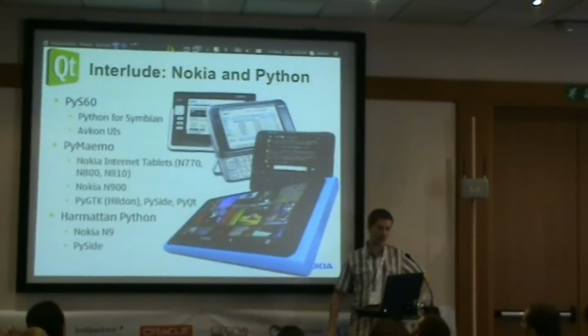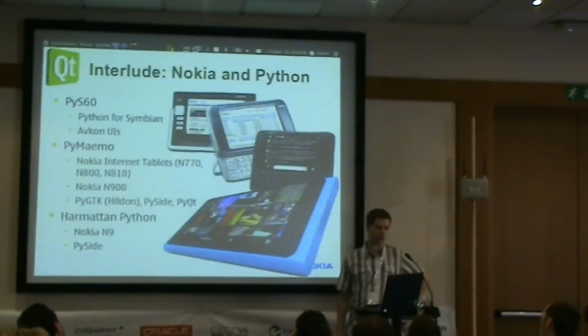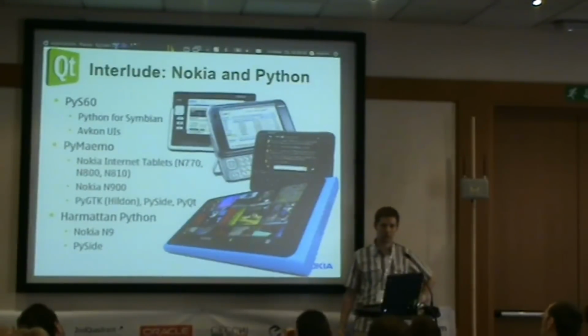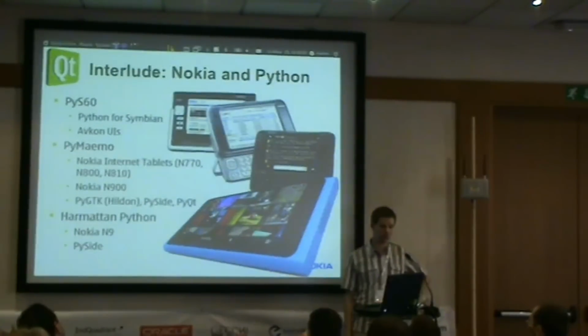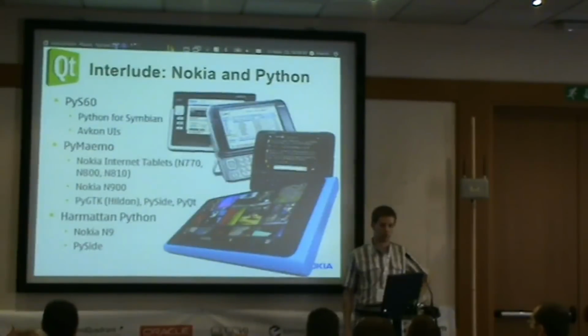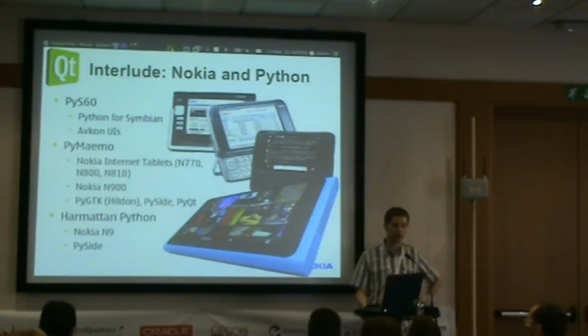They were native Linux devices, and you could write code which was basically PyGTK, but adapted to the device interface, like this Hildon interface. And later on, PyQt and PySide support also became available for them. And now, last Tuesday, or this week's Tuesday, Nokia's N9 device was announced, which is the first MeeGo Harmattan device by Nokia, and there's also a rather complete Python support.